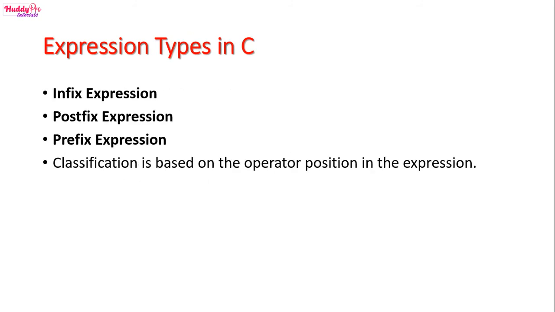Let's talk about the types of expressions in C. In the C programming language, expressions are divided into three types: infix expression, postfix expression, and prefix expression. This classification is based on the operator position in the expression. The position where the operator is in an expression determines this classification.